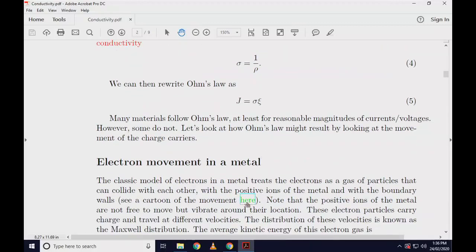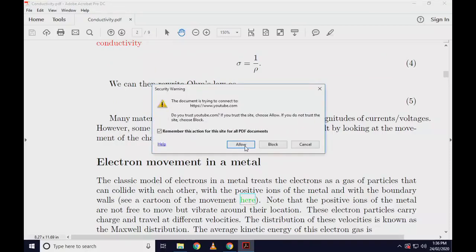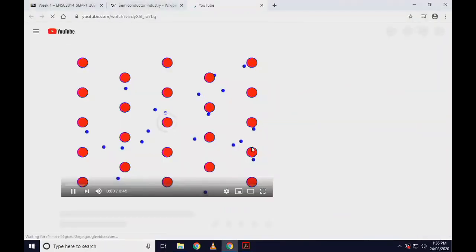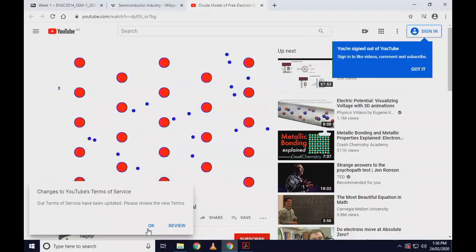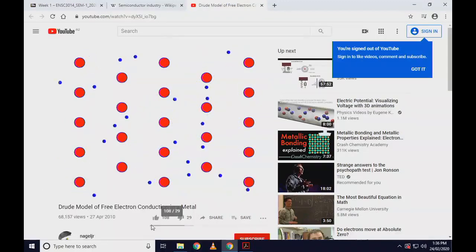And we're going to use a very primitive model, and this is a cartoon of this model. So we have the red, I should try and get rid of the stuff on the right hand side, I'm not sure how to do that, but anyway.